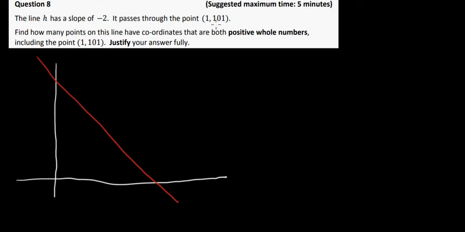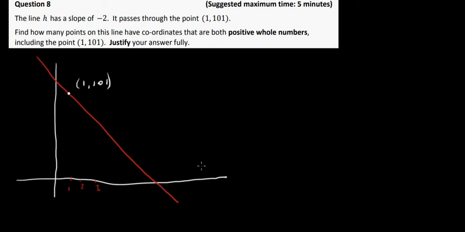It passes through the point (1, 101), so let's say 1 is here, so our point is going to be here somewhere, that's (1, 101). And we've got to find out how many points along this line have both coordinates, the x and the y coordinates, positive and also whole numbers. So we have 2, 3, and so on, all the way up to here.